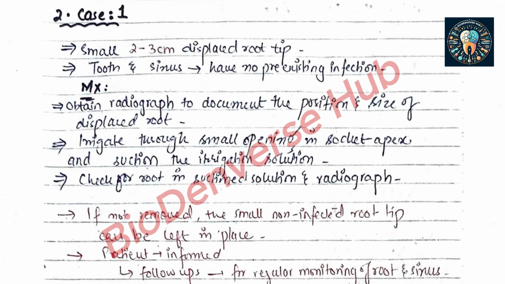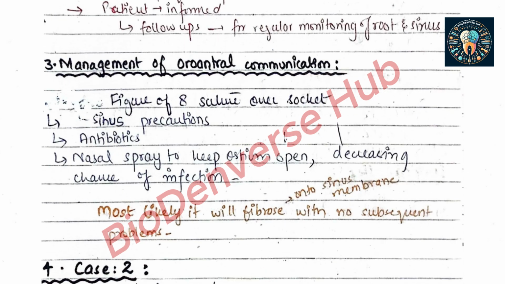So this was the first case, when the root tip displaced was very small, 2 to 3 centimeter. After that, you must look for any oroantral communication that has resulted from this displacement into the maxillary sinus. If there is an oroantral communication, you need to manage it by placing a figure of 8 suture over the socket, and after that you will advise the patient to take sinus precautions.